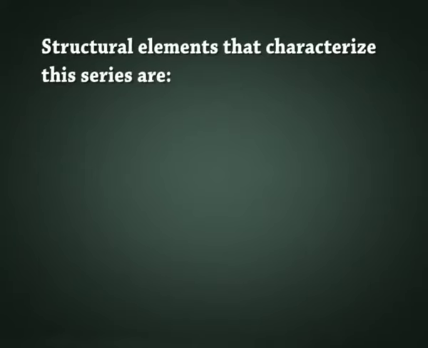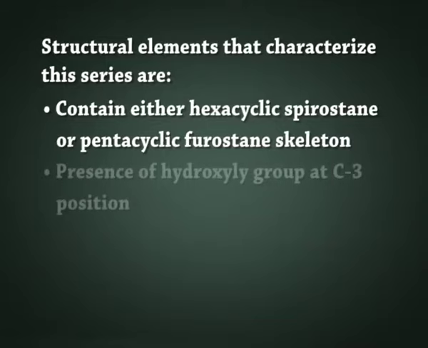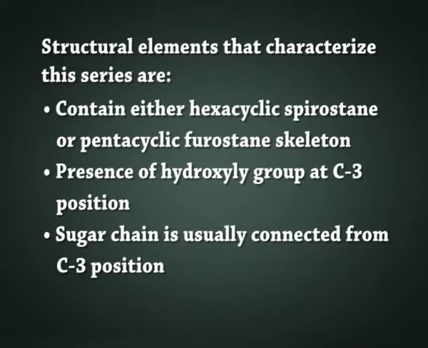Now let's look at the structural elements that characterize this series. First, it contains either a hexacyclic spirostane or pentacyclic furostane skeleton. The presence of a hydroxyl group at the C3 position is a must. The sugar chain is usually connected from the C3 position.